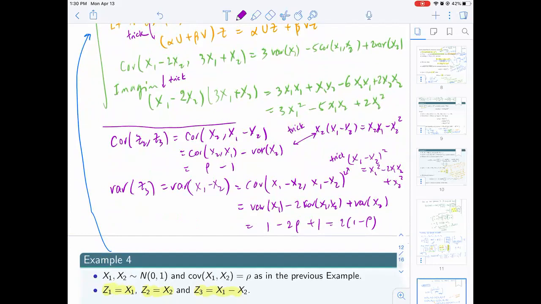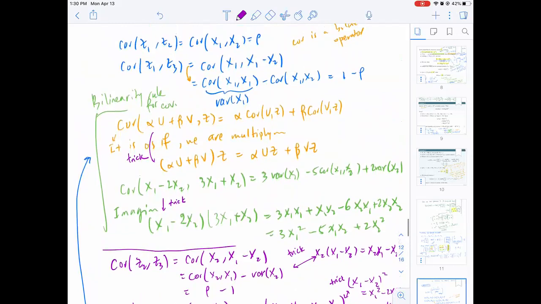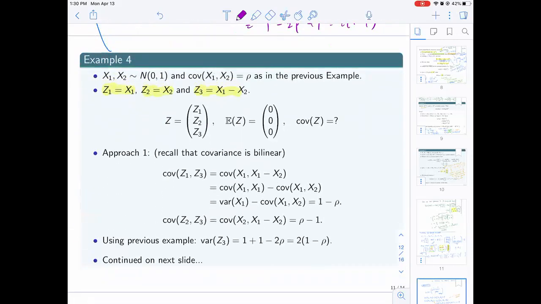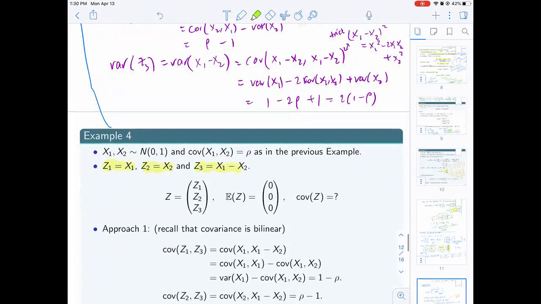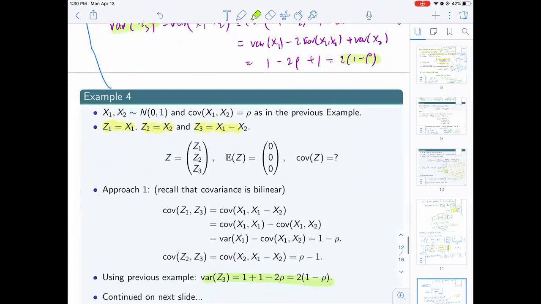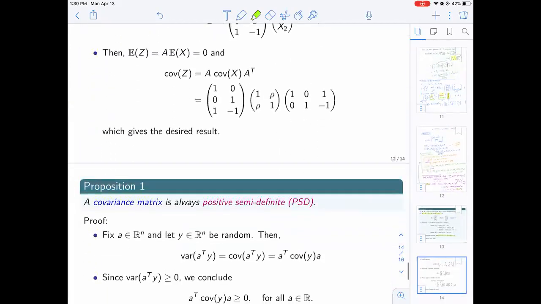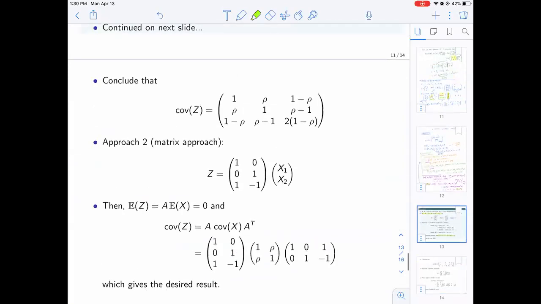Questions? So this way you can compute all of the elements and you should get the same result. So if you go back, these are some of the calculations that I did. So that's, for example, this expression here, and so on, and then you can fill all the elements, so that will be the variance of Z3.